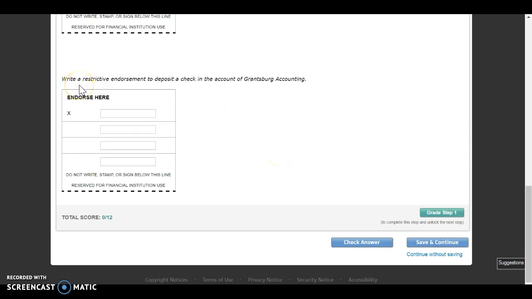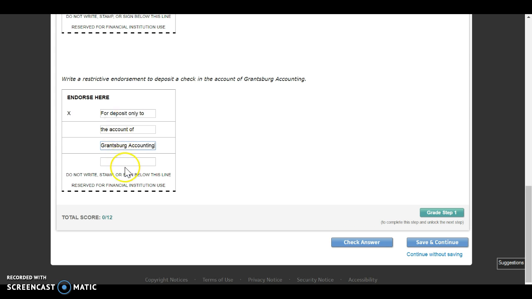And then the last one is we're going to write a restrictive endorsement to deposit a check in the account of Grantsburg Accounting. So we're going to say here, for deposit only to, and then we're going to say the account of, we're going to go to the next line again, Grantsburg Accounting.